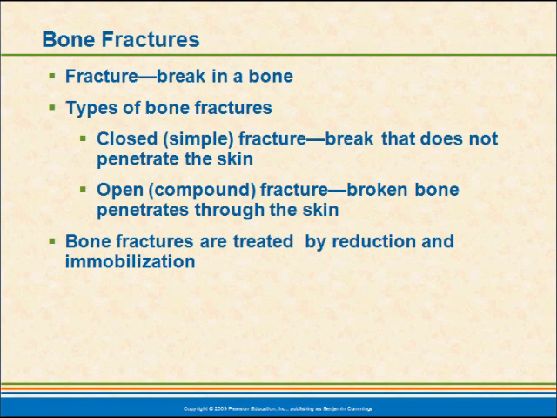Now, a situation where we can see this activity ramped up to a heightened level is when we have a bony fracture. And just for some definitions here, a fracture is a break in bone, and there are two types. There's a simple fracture where we have a broken bone that does not protrude through the skin. It's not exposed.